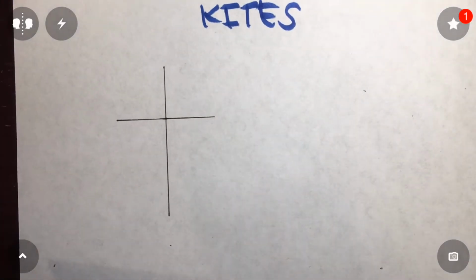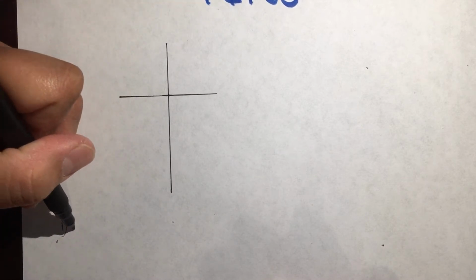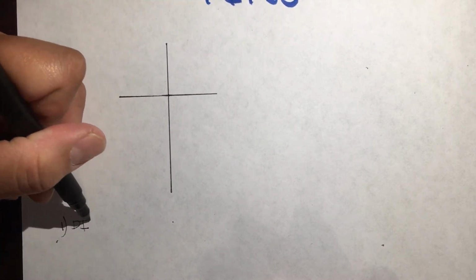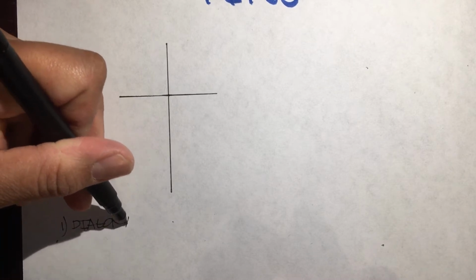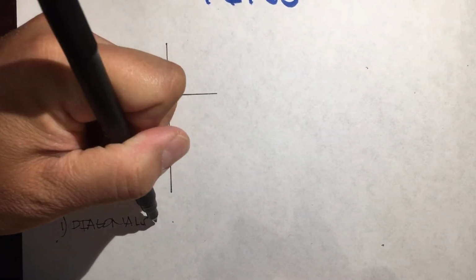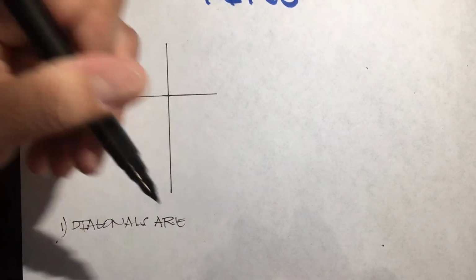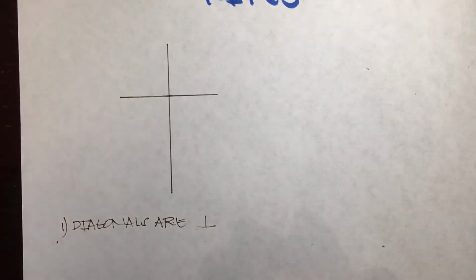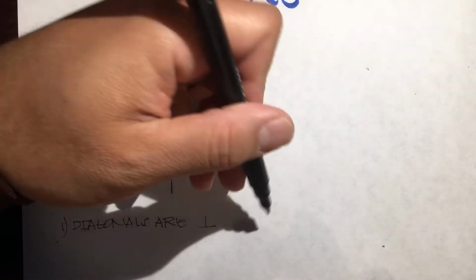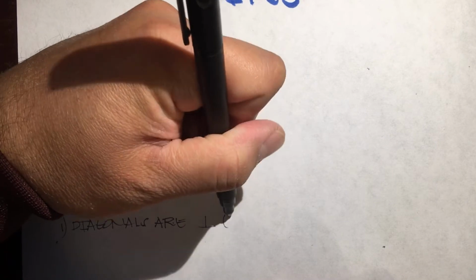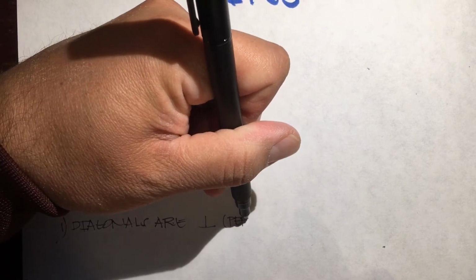So just by looking at that, for our kite, we have 2 facts. All right, fact number 1. The diagonals are perpendicular. So if you don't know what that symbol is, that means it is perpendicular.